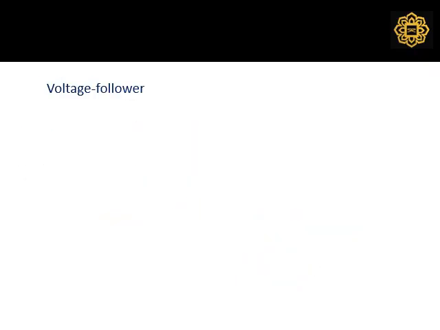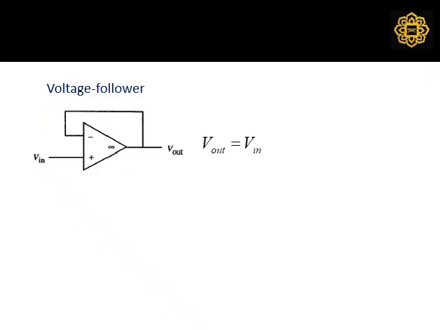Sometimes we may have something called a voltage follower. This voltage follower is exactly the same as a non-inverting amplifier, except there is no resistance network here.